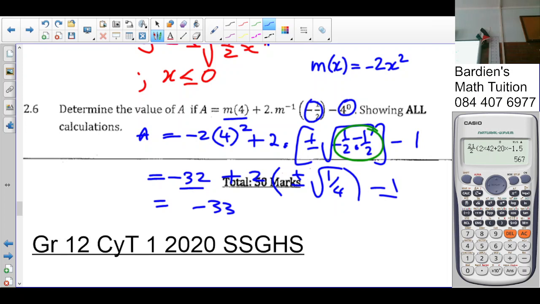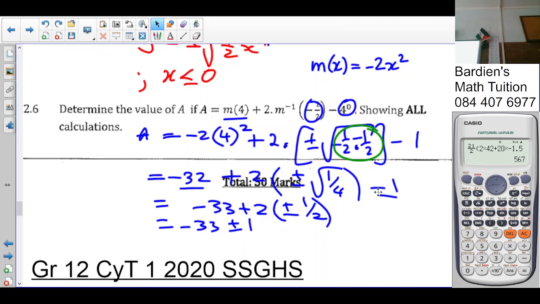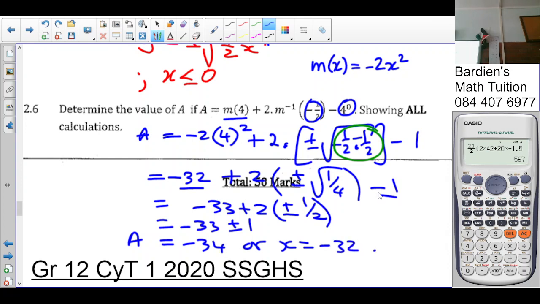Plus 2 into plus minus 1 over 2. So this will now be negative 33 plus or minus 2 times half is 1. So of course that would simply be negative 33 minus 1 is negative 34. Or when it's positive, negative 33 plus 1 is negative 32. Is that correct?